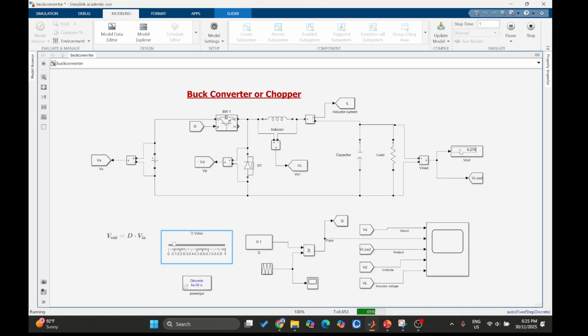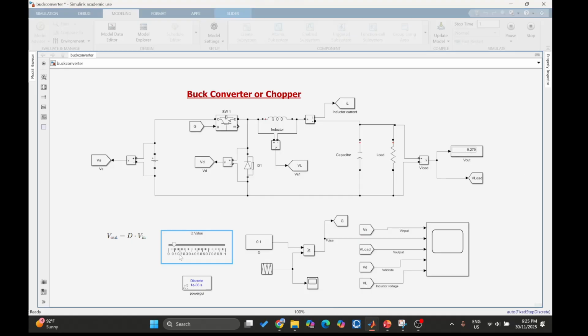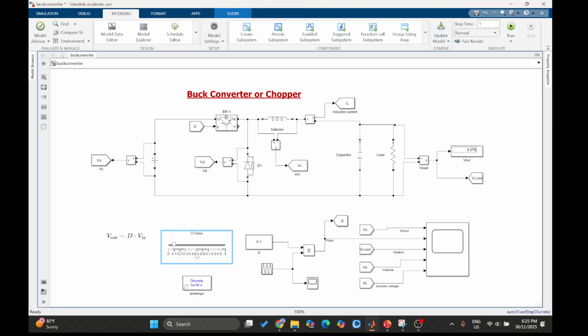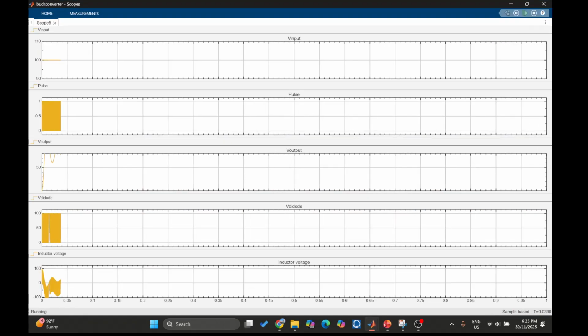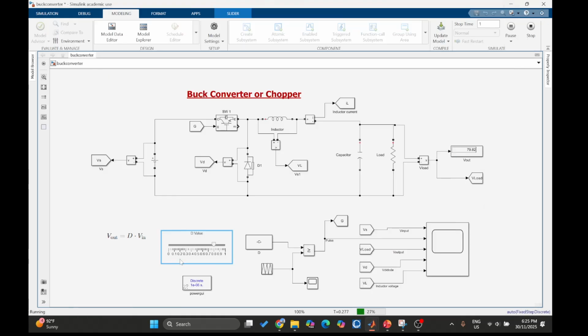It is 9 volts, sorry. From 100, it's stepped down to 9. What happens if I make it 0.8? Then it's 79.83. So you can see that as the duty cycle increases gradually, the output voltage also gradually increases.